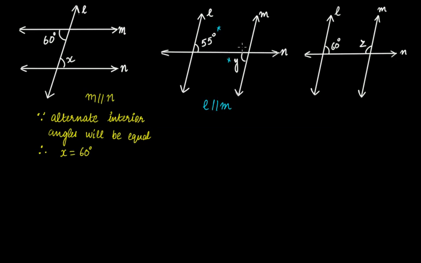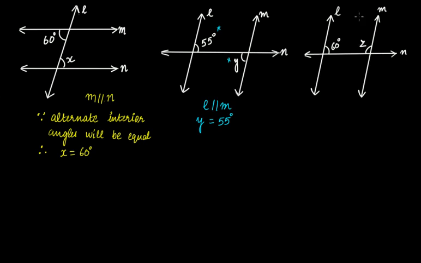This angle will be interior, this and this angle will be interior, but this one and this one will be alternate interior. Therefore, even in this case, y will be equal to 55 degree on the basis of alternate angles will be equal.